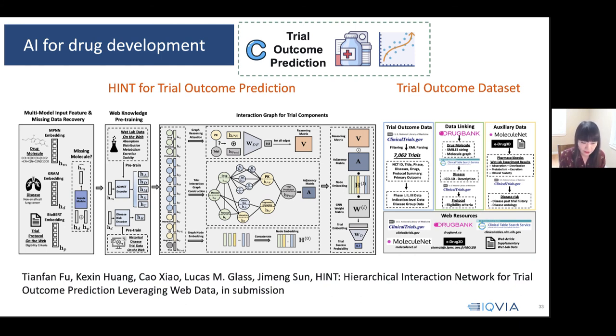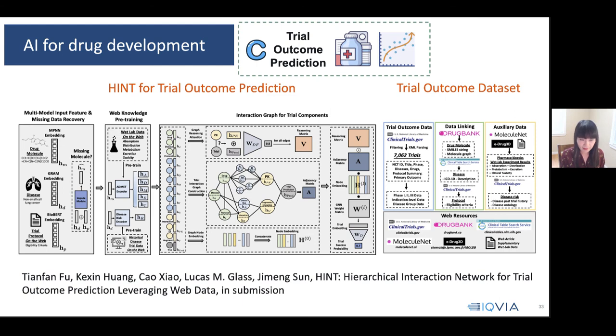The challenge we want to solve for the trial outcome prediction task is that clinical trials face uncertain outcomes due to issues like safety, efficacy, or problems with patient recruitment. If we were better at predicting the results of clinical trials, we could avoid having to run trials that will inevitably fail. More resources could be devoted to trials that are likely to succeed.